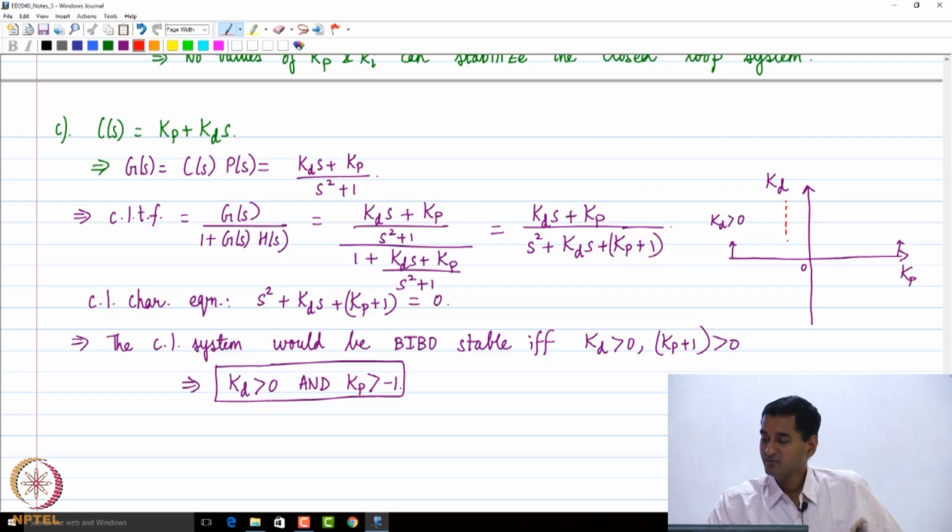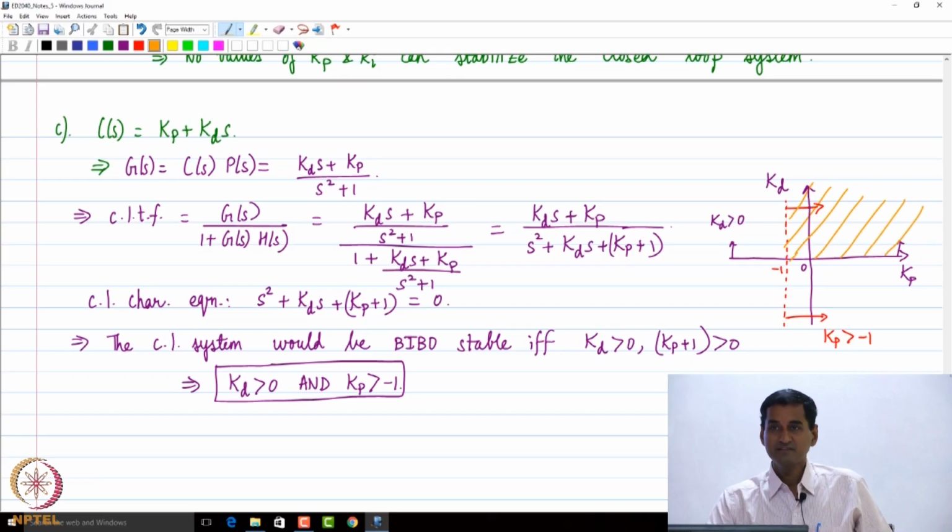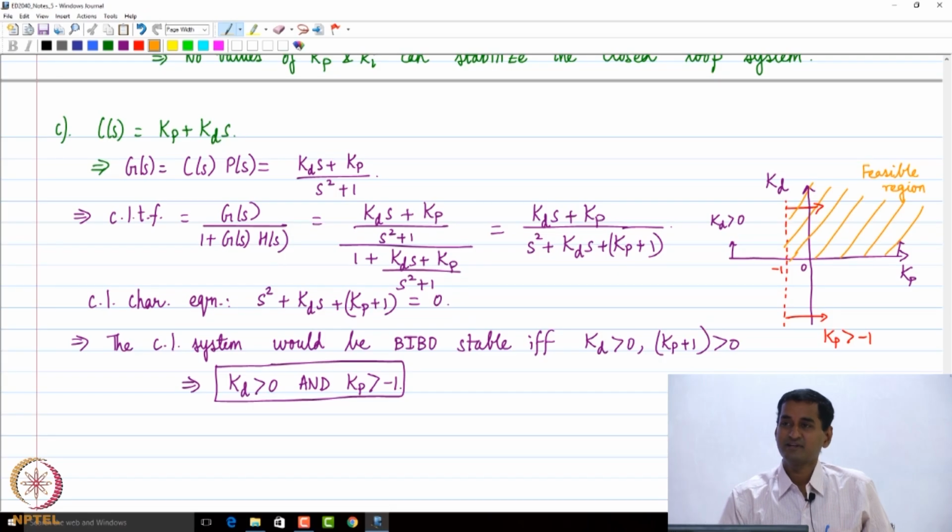First I draw Kp equals minus 1, and any region to the right of it is Kp greater than minus 1. Consequently the feasible region is the intersection of the two regions. This is what I called the controller parameter space. If I ask you to calculate the feasible region in the controller parameter space, this is what you need to do.